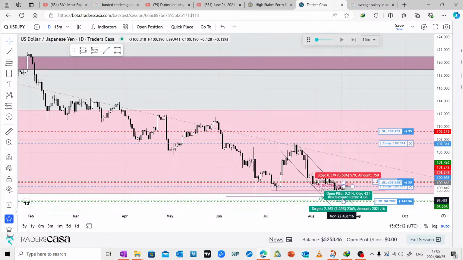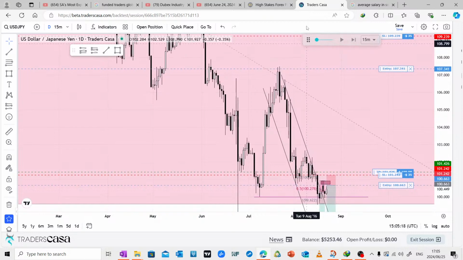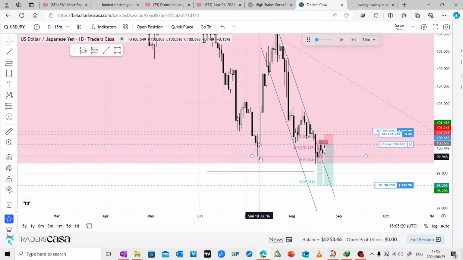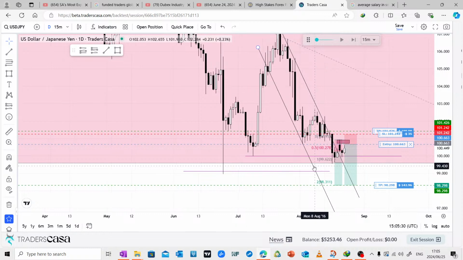Alright, so for the daily candlestick, we had marked off the low. Just to remember, we had marked off the low, and we said if it closes above this low, then we can consider it bearish. So here you can see that candlestick shot all the way down, retraced back, closed off here.